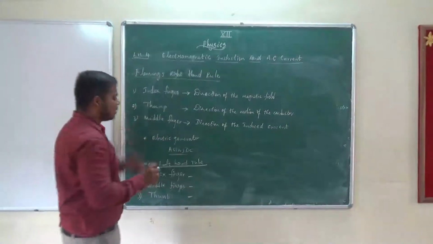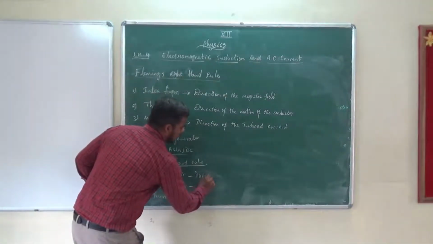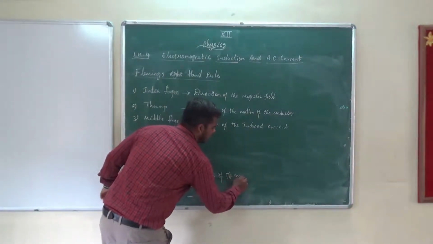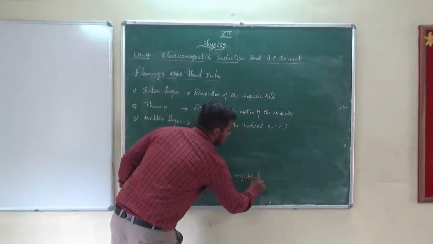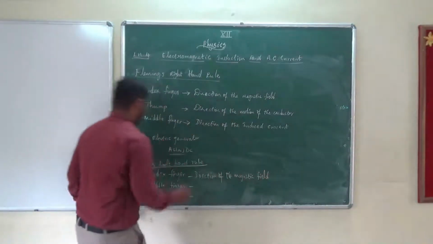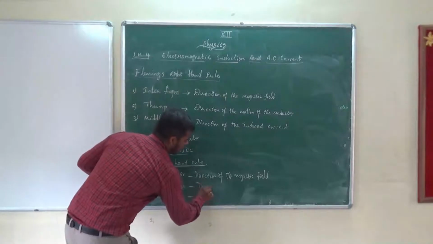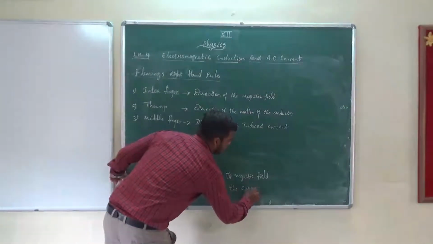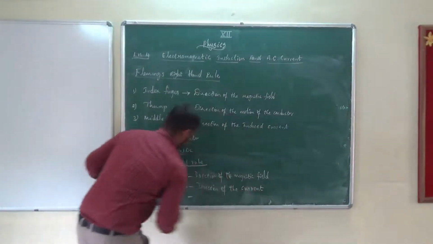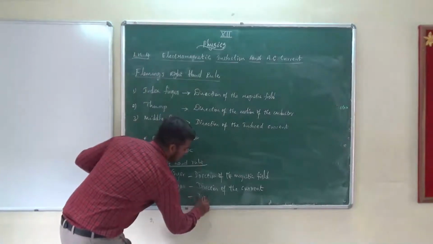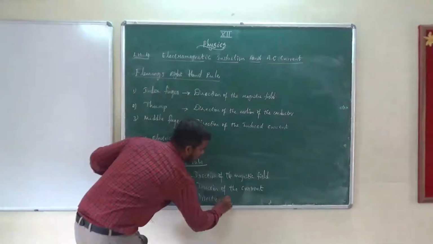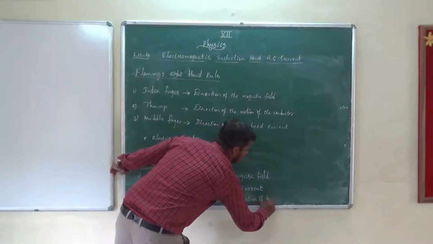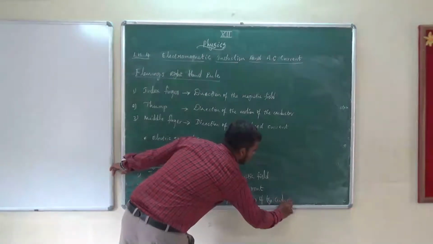So the index finger here also indicates the direction of the magnetic field, the middle finger the direction of the current, and the thumb represents the direction of the motion of the conductor.